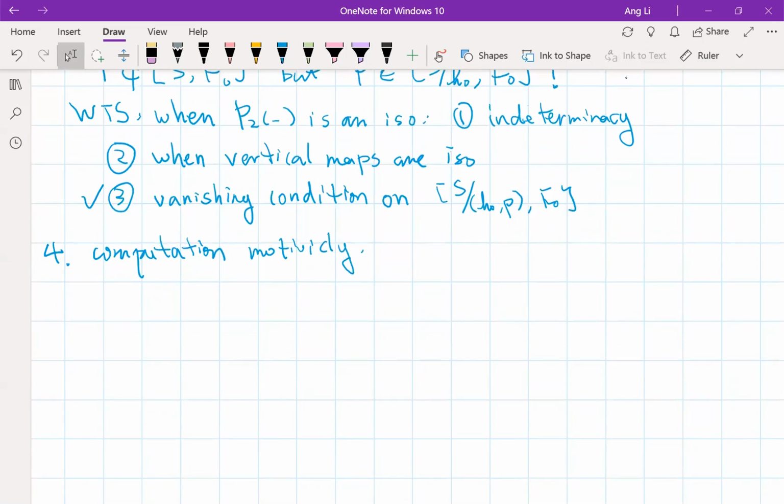Because there are H1 towers. And those are the things we don't want because they are making the vanishing condition higher. So that is preventing us from getting the same result as classically. So we want to throw them away.